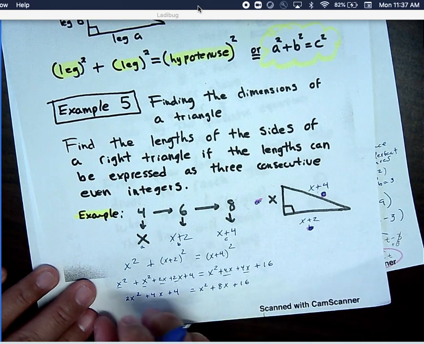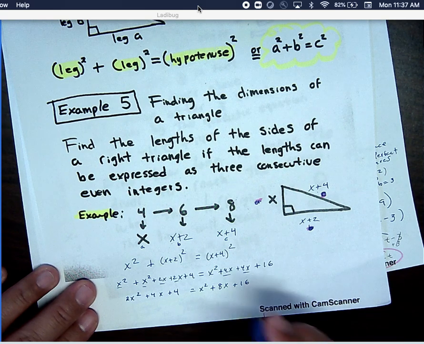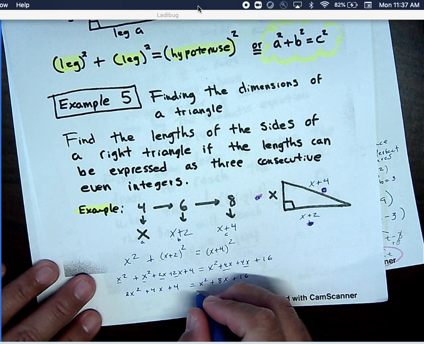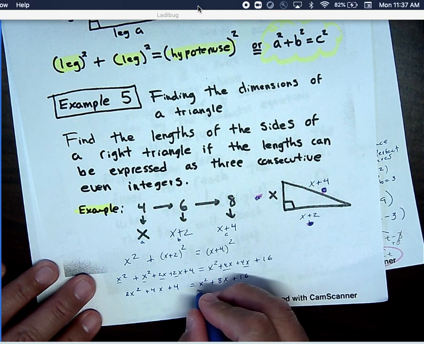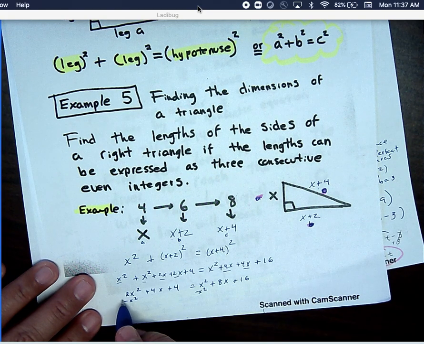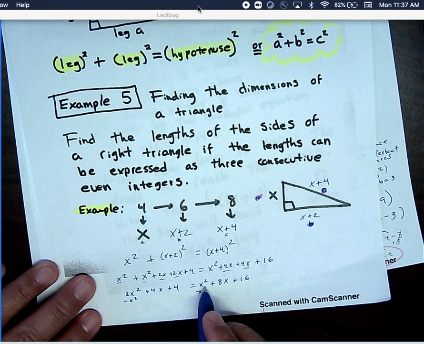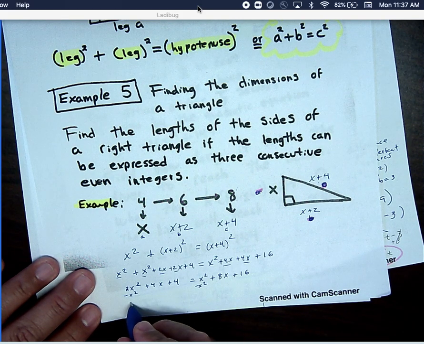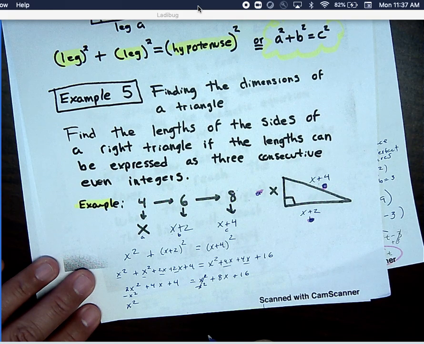And then I'm gonna bring everything to one side. So I'm gonna bring this to this side. So negative x squared, and I'm bringing this to these sides because I don't want to deal with the negatives in the first coefficient or the first term. So this would just give me x squared. This one goes away.